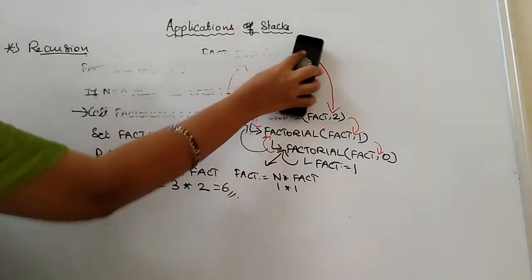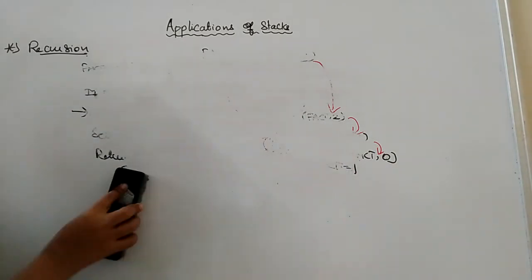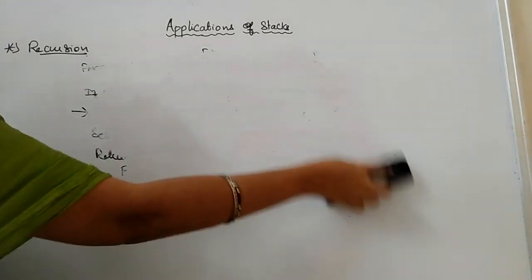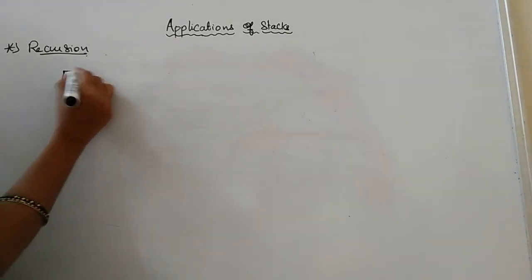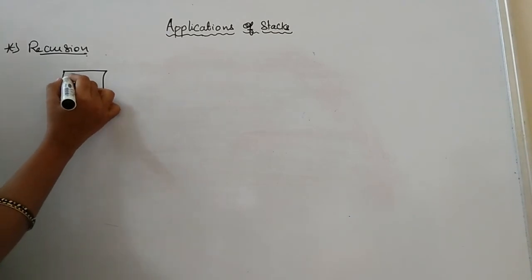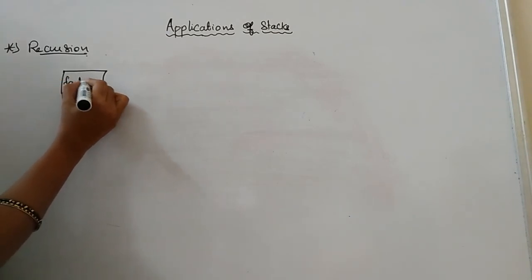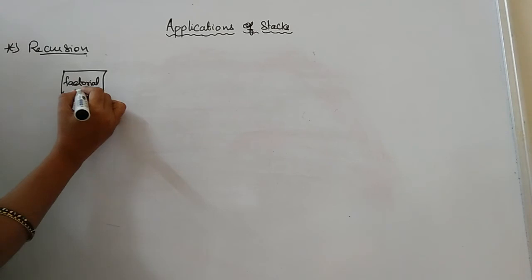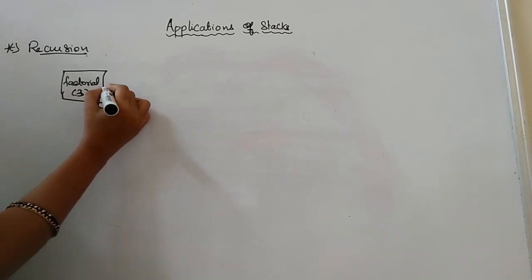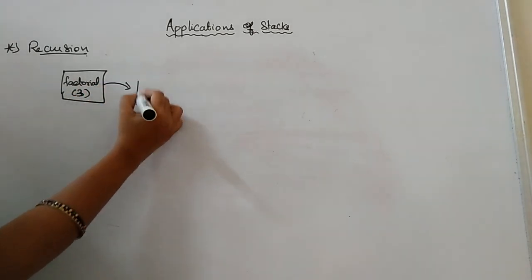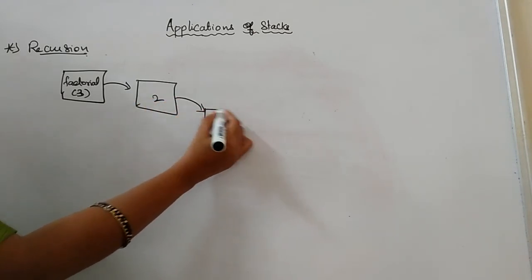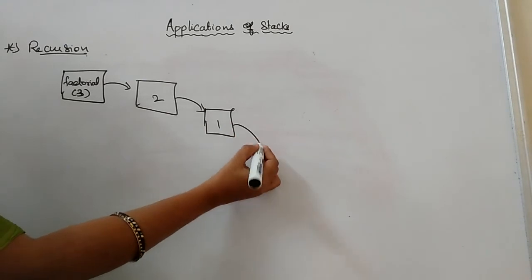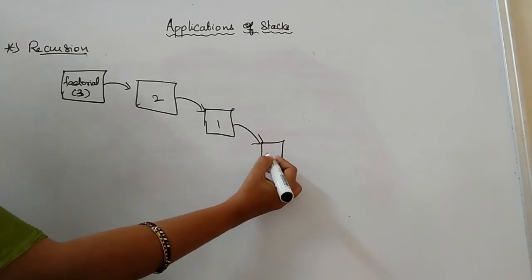Just I will show you by means of a diagrammatic representation. So you just see here, factorial of 3 calling factorial of 2, 2 is calling factorial of 1, 1 is calling 0.